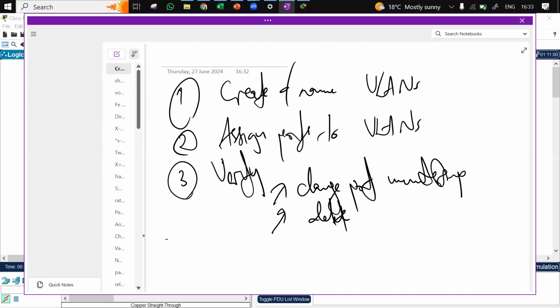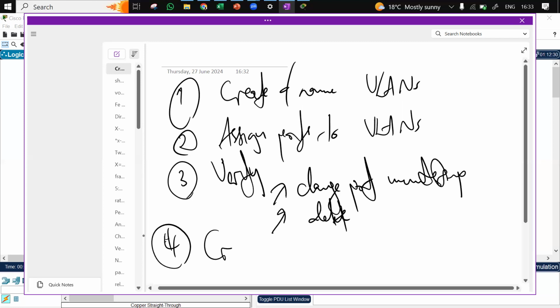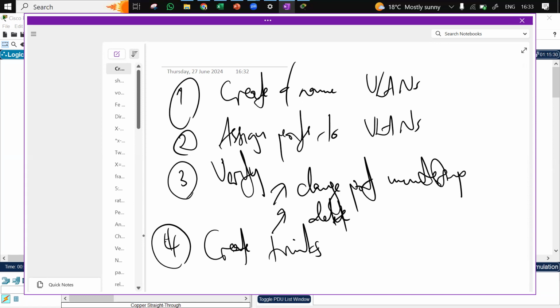Then number 4, we're going to create my trunks. For creating my trunks, we're going to create a native VLAN and create a VLANs allowed list.